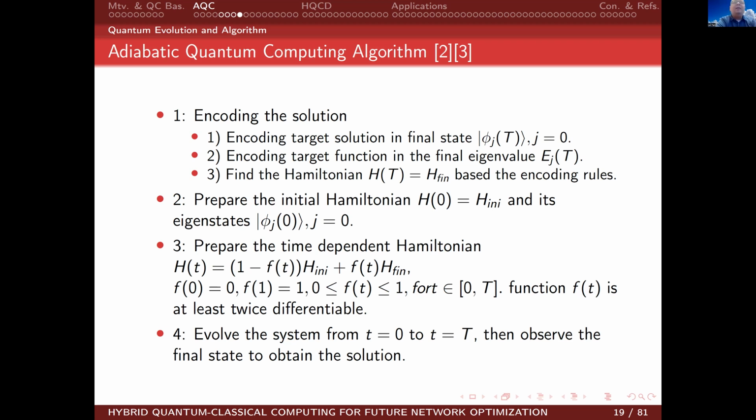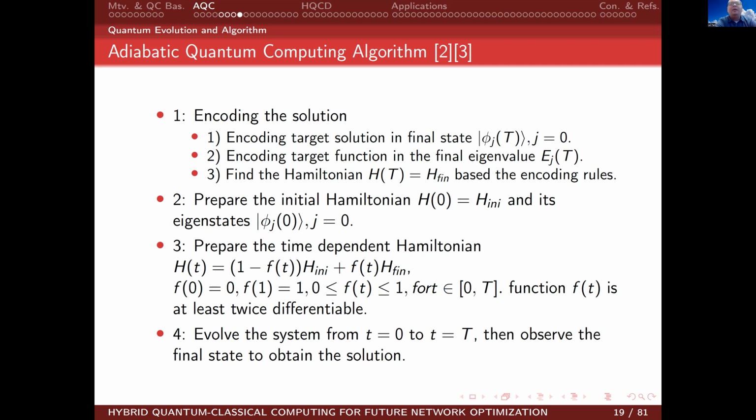And another encoding is the function. So for the classical problem, first you want to have the solution, right? Second, how do you describe your classical problem? You have a function, and for this function, we need to encode it as the final eigenvalue of the final state of the quantum system.